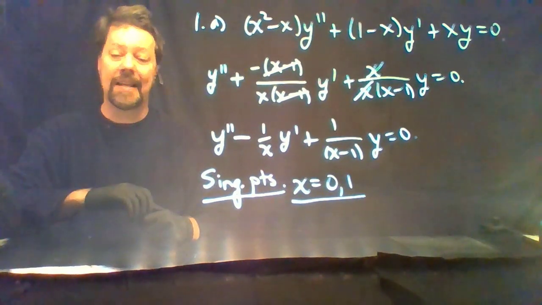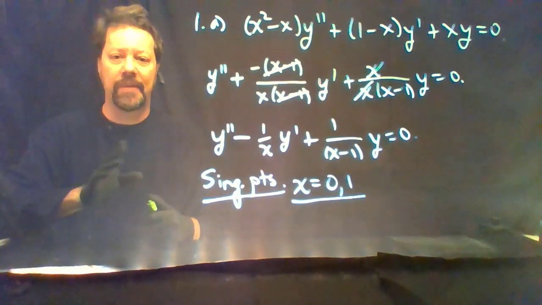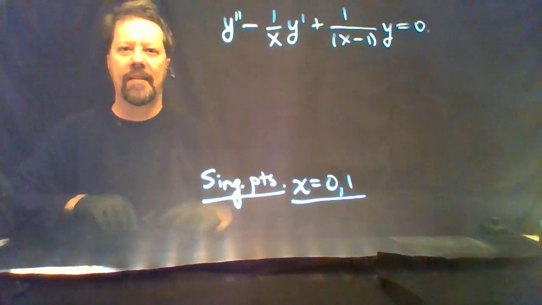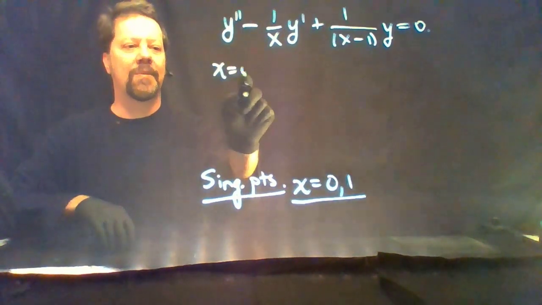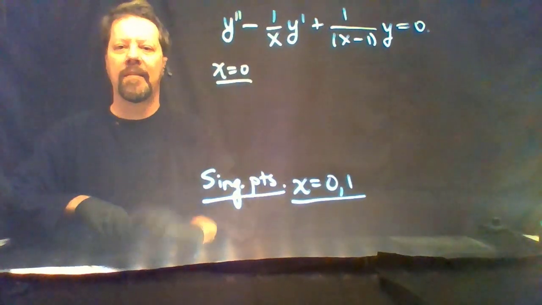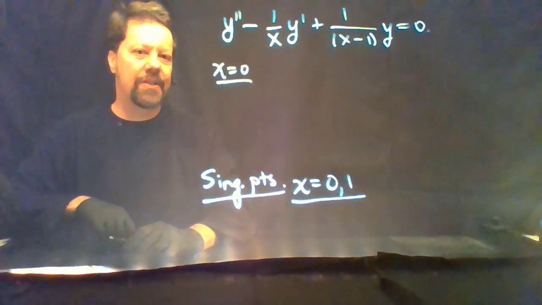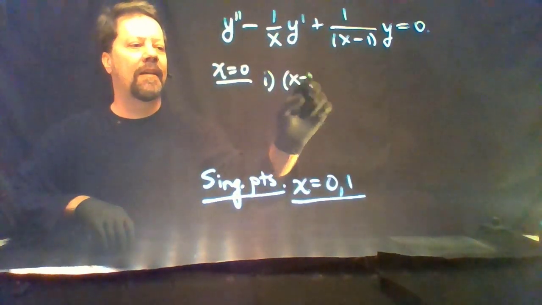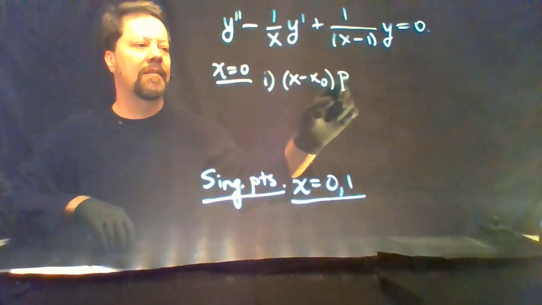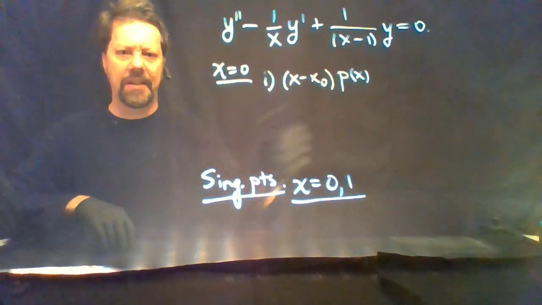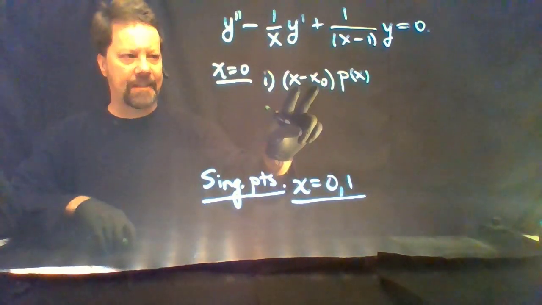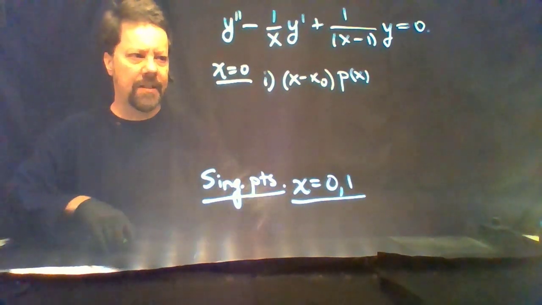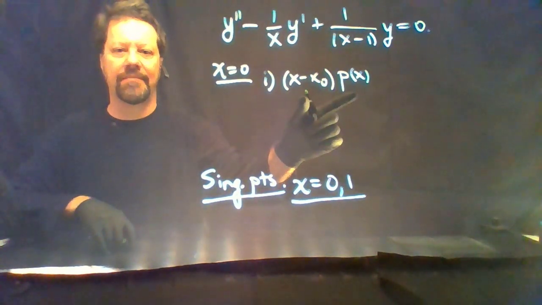What's left is to classify these singular points as either regular singular points or irregular singular points. Let's work on x = 0 first. There are two conditions that need to be checked. First, we need to look at (x − x₀)p(x) to see whether or not multiplying by x − x₀ cancels out the singularity in p(x), yielding an analytic function.